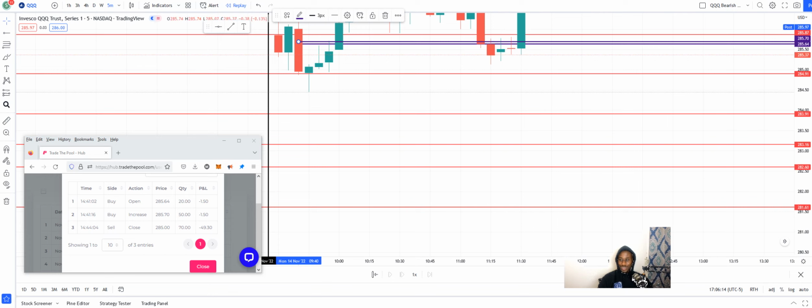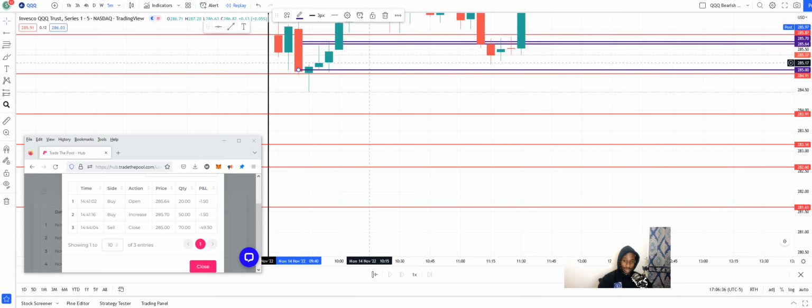So around here I entered two positions, one with 20 shares, one with 50 shares, and then the market probably continued to go down to 28500. It's like they're listening to me and moving the mouse or something, huh?